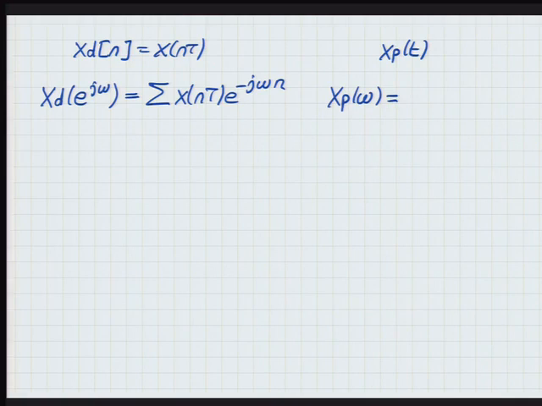xp of t has a delta at time 0, right? What's the Fourier transform of this? It's flat, right? It's equal to itself. So it's going to be x of 0. Let's just write for any n. So for a single impulse at nT, what's the Fourier transform?